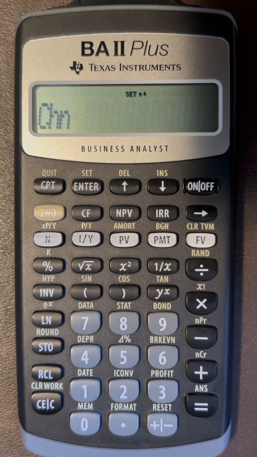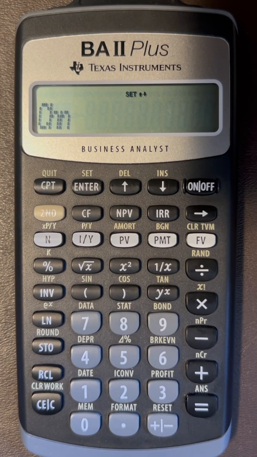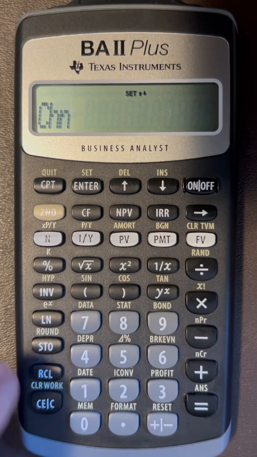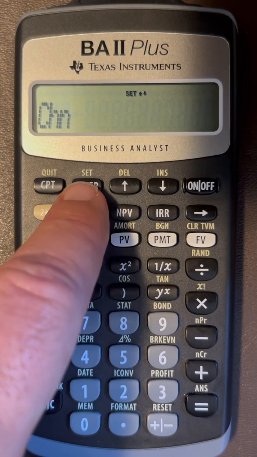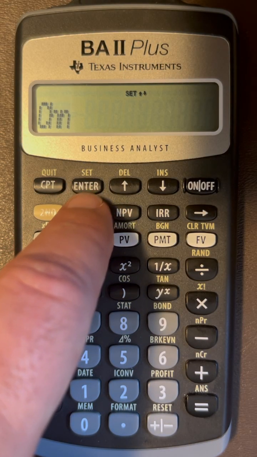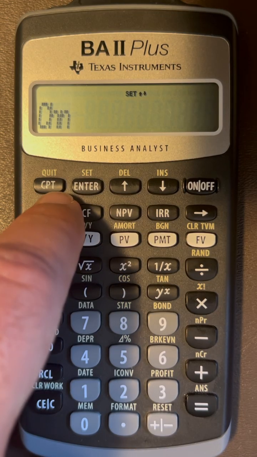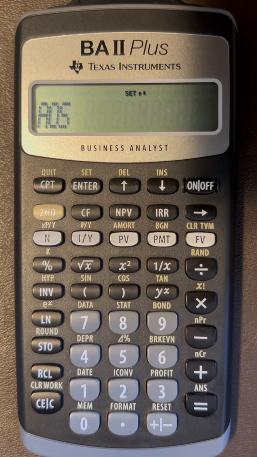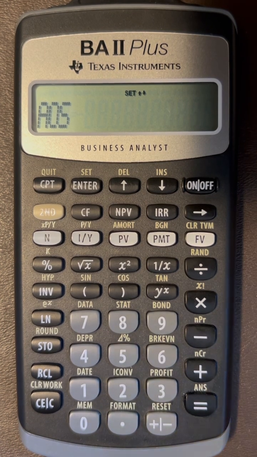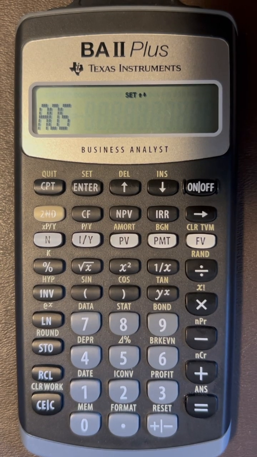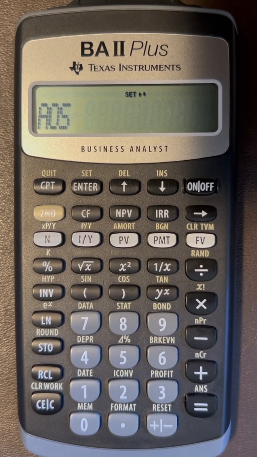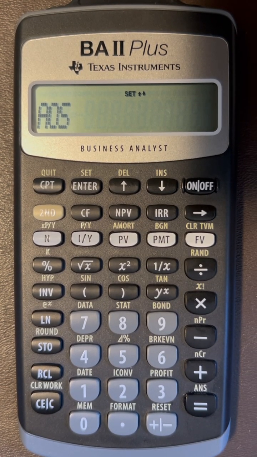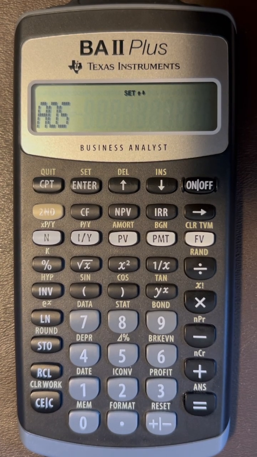So to change that, we want to hit the set button. Set is above the enter key. So we're going to hit second, enter, and now it says AOS, and that's what we want. Now it's going to do mathematical operations correctly, following the proper order of precedence for plus and times and minus and divide, exponents and all that stuff.